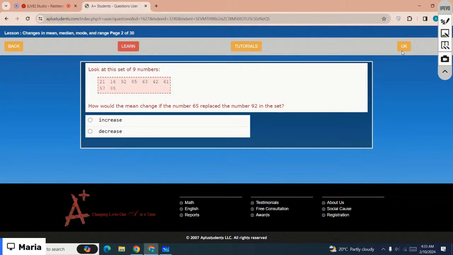Mean means you need to add them all and divide by the number of values, right? So when you replace 65, which is smaller than 92, that means the mean is also increased.